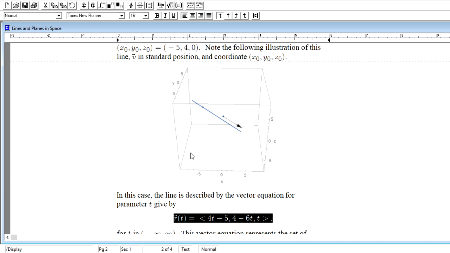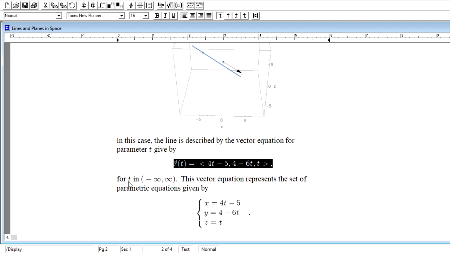And this describes the entire line over values of the parameter t in this interval from negative to positive infinity. Plug in any value of t into this function and you will obtain an x, y, z coordinate, a location that exists along this line. More so, we could even take note if t was 0.